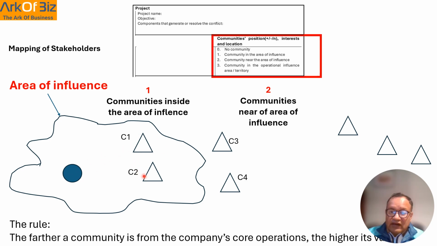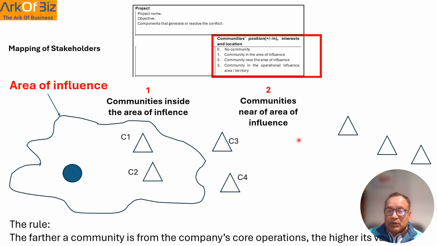These communities are assigned a value of 1. However, when we have the area of influence, some communities near the area of influence are not located inside, but they are near. They usually don't receive any benefits, neither from the company nor from the governments. These communities are assigned a value of 2.